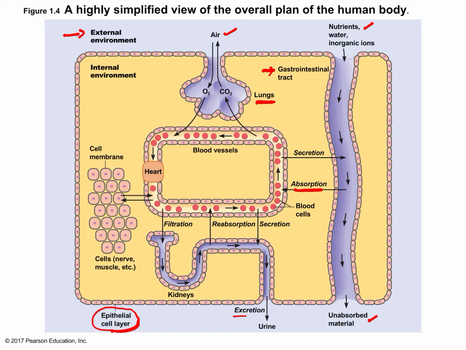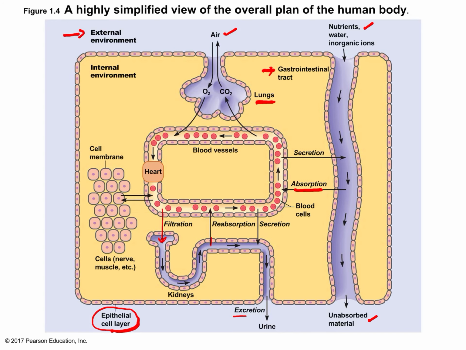The kidneys are going to filter. So they're going to have the bloodstream. The blood is going to be carrying all kinds of waste products that are absorbed and processed through the digestive tract. And so it's going to be filtered out into the tubules of the kidney. And then in the tubules of the kidney, there's going to be a lot of modification to that fluid.